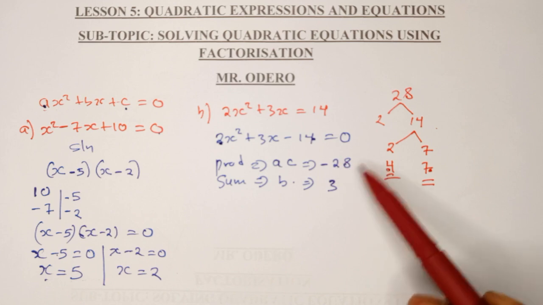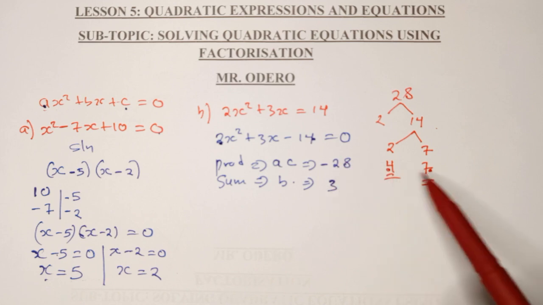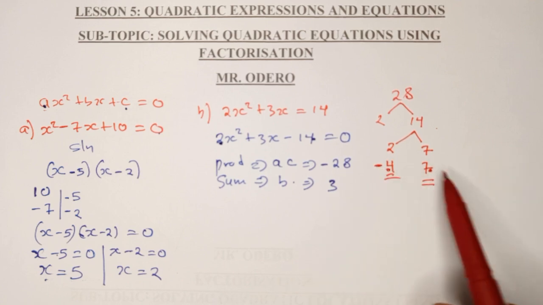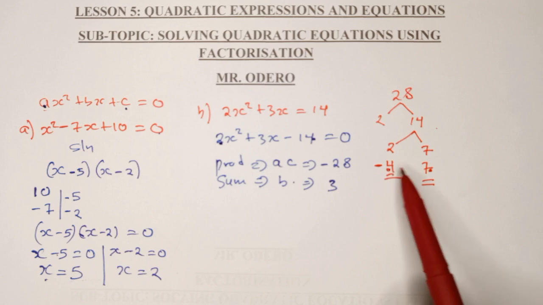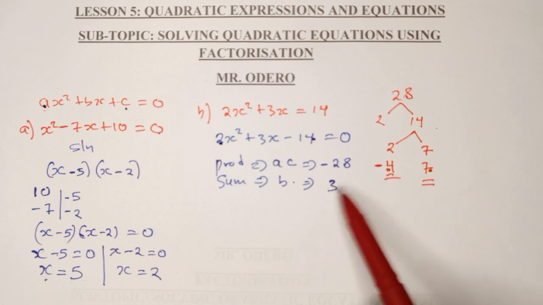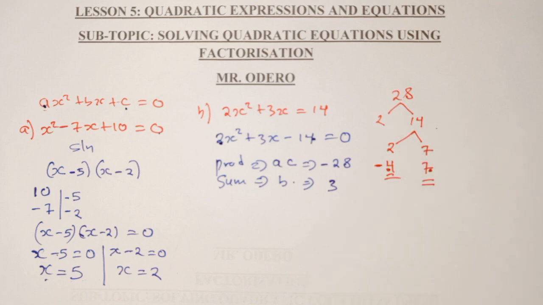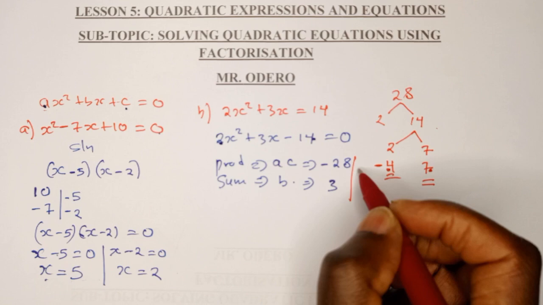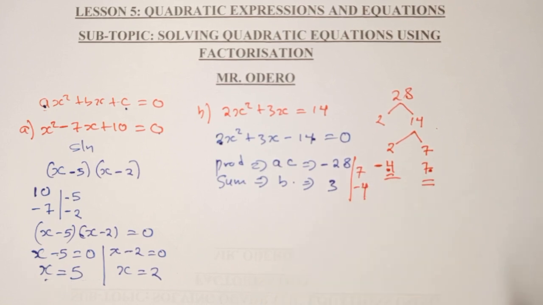You'll get 28 and 3. But for you to get negative 28, one of them must be negative, so that when you add these two, you get negative 4 plus 7, which is positive 3. So the two numbers that you're looking for are 7 and negative 4.